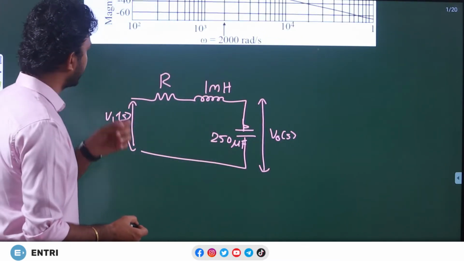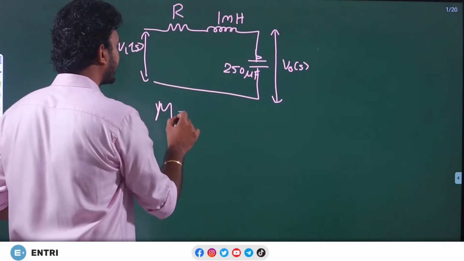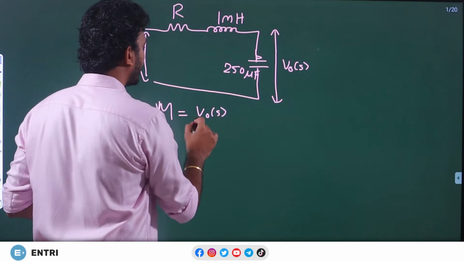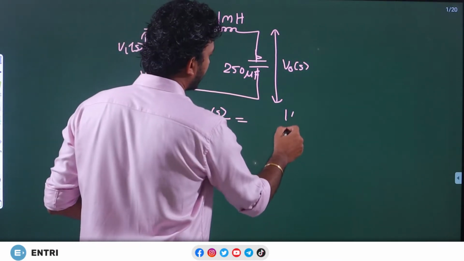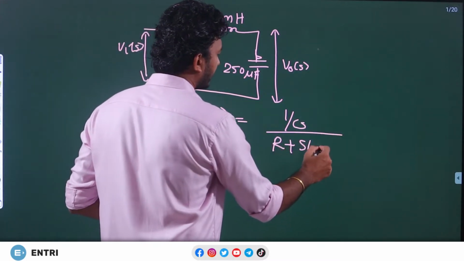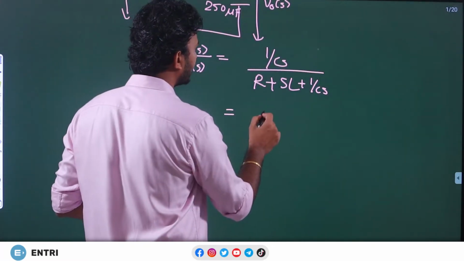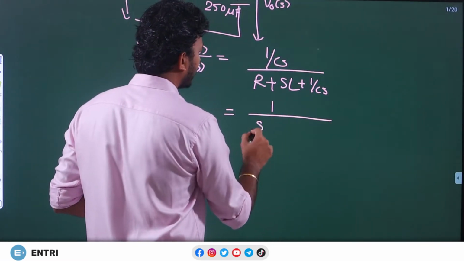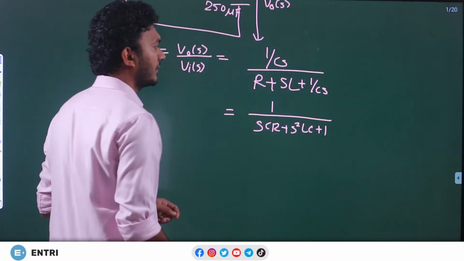So first of all, this is our series RLC circuit. What is M? M is V out of s divided by Vi of s, that is equal to 1 by Cs divided by R plus SL plus 1 by Cs. So it is 1 by S C R plus S square L C plus 1.